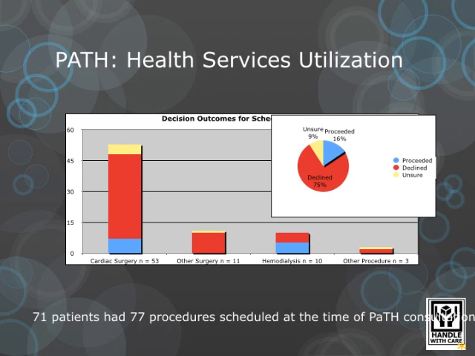At that time, many of them decided then not to go on with the procedure. So 75% of those 71 people decided not to proceed with those procedures because they felt that the risk was too great and that they were risking a quality of life that they did not want to lose. Some people did go on, and a few were unsure.